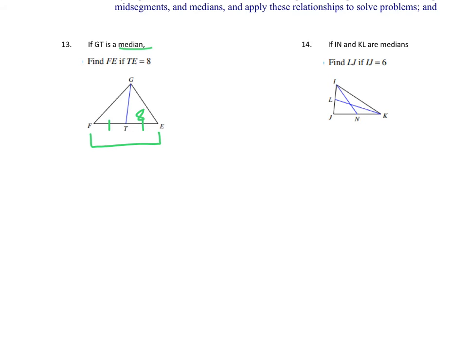So if TE is 8, TF is also 8 because that's a median. And that means the whole thing is 16. So FE is the whole thing, and it would be 16. And I promise you, if this was multiple choice, 8 would be one of the answers, so you have to be really careful and look at what is being asked in the question.